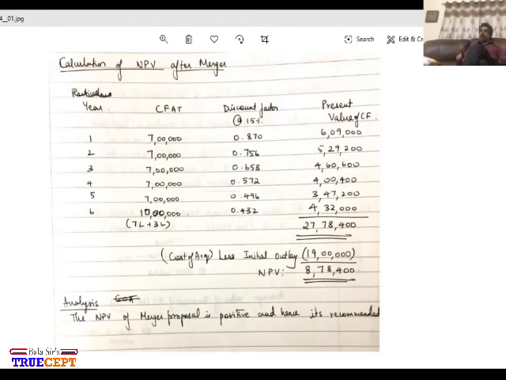It is worth a takeover because you have a positive net present value. Therefore, the benefits exceed the cost. There is a net benefit of rupees 8 lakh and odd. Therefore, you should go ahead and take over R Limited.